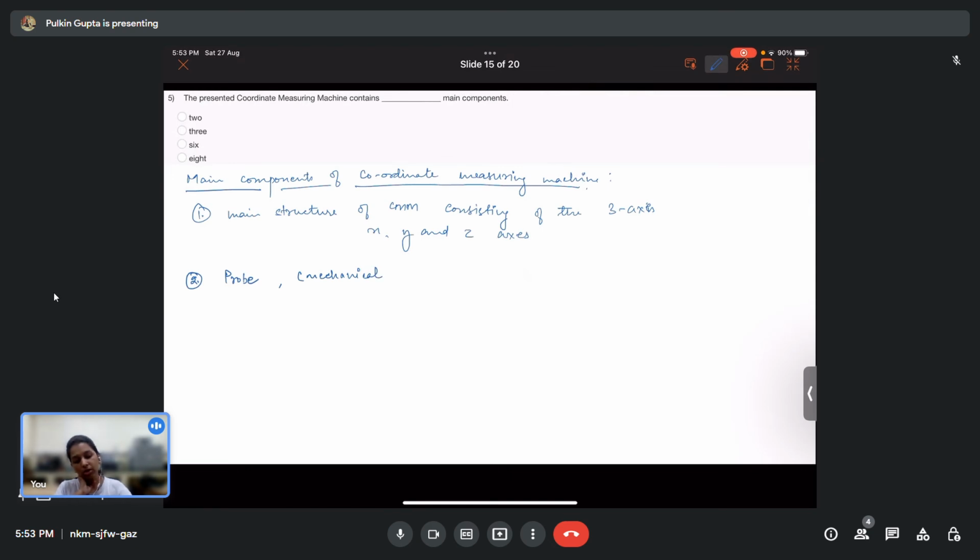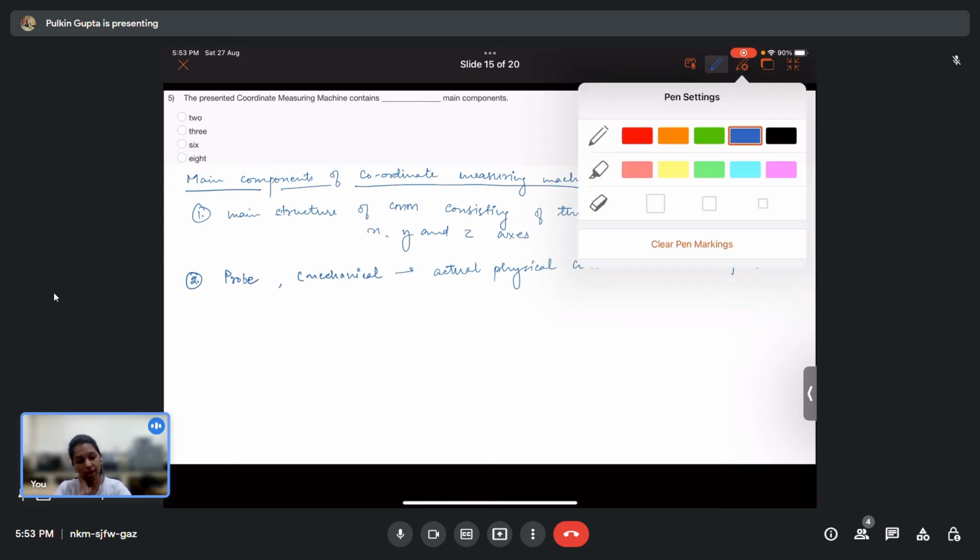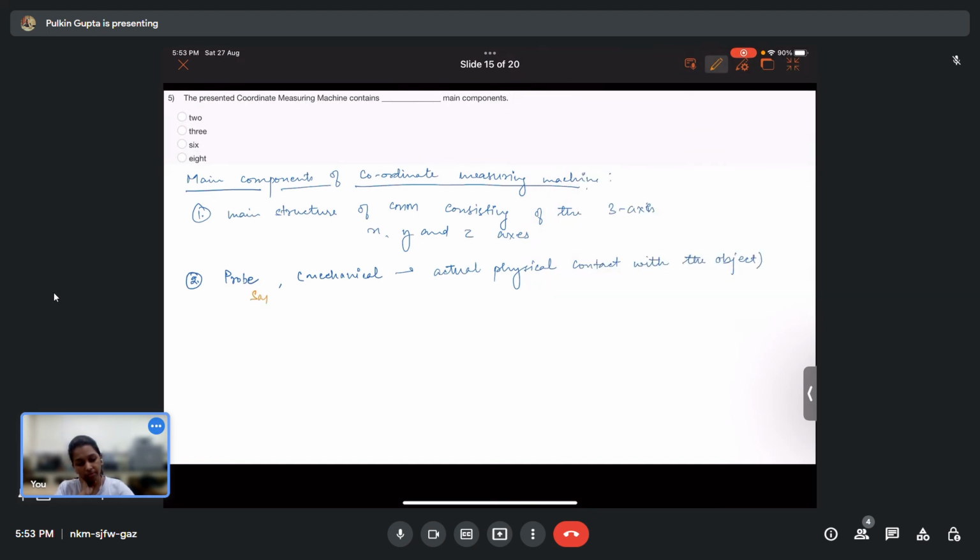This worked based on actual physical contact with the object, and in our case this was made of a sapphire ball having 2 mm diameter.